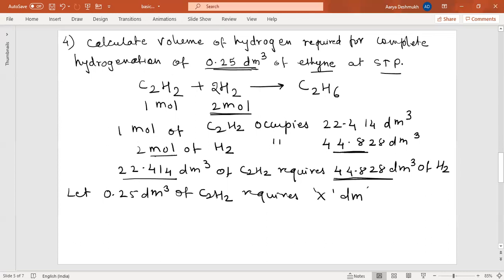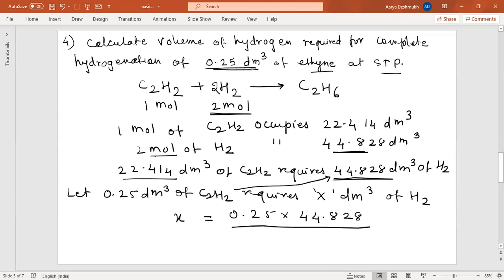So we need to find out this x. X will be equal to 0.25, now just cross multiply here, 0.25 into 44.828 divided by 22.414. So just solve this and you will get the answer.